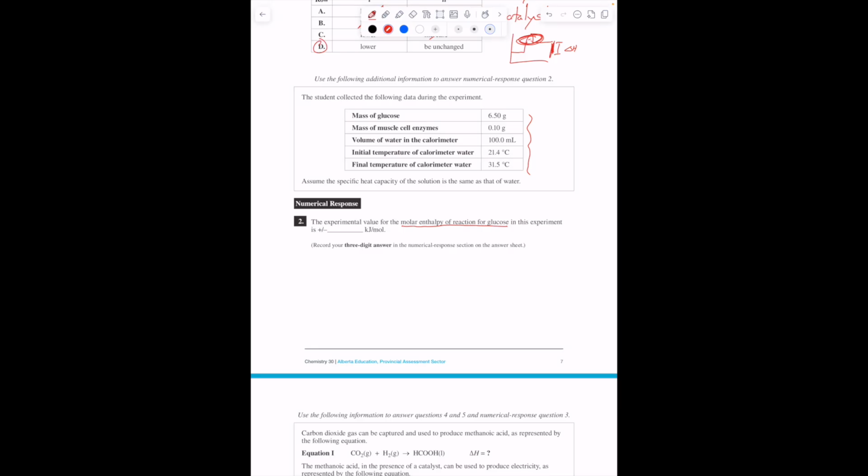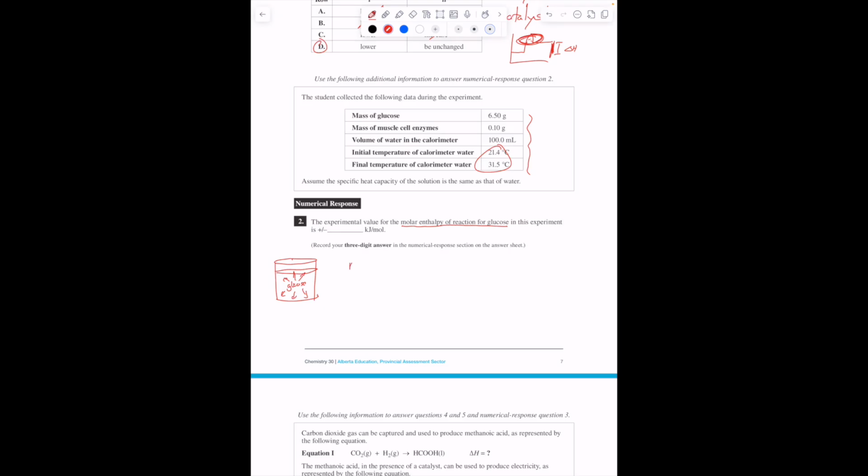I always like to draw myself a little picture so I can see what's going on. I have my glucose here, giving off energy to the water. I can see that the temperature of the water rose. So heat lost equals heat gained.